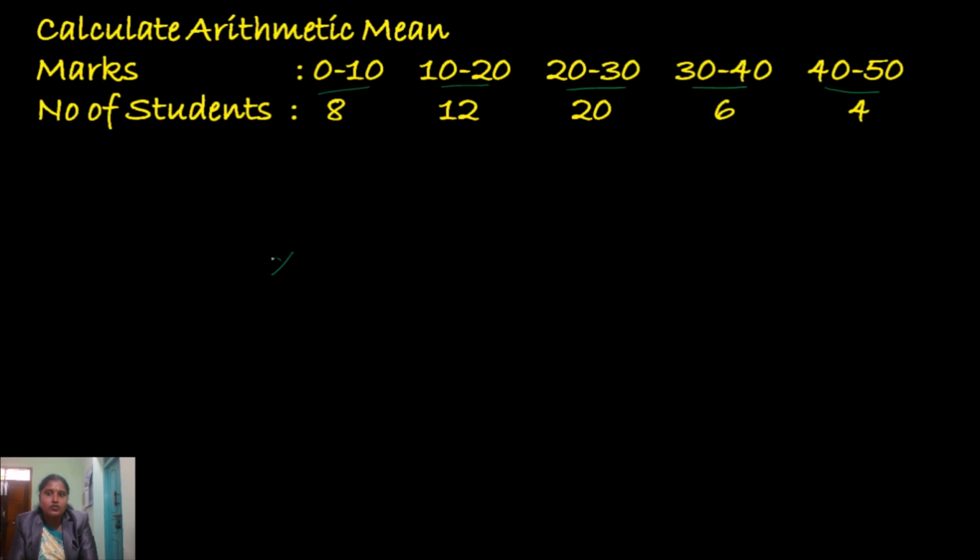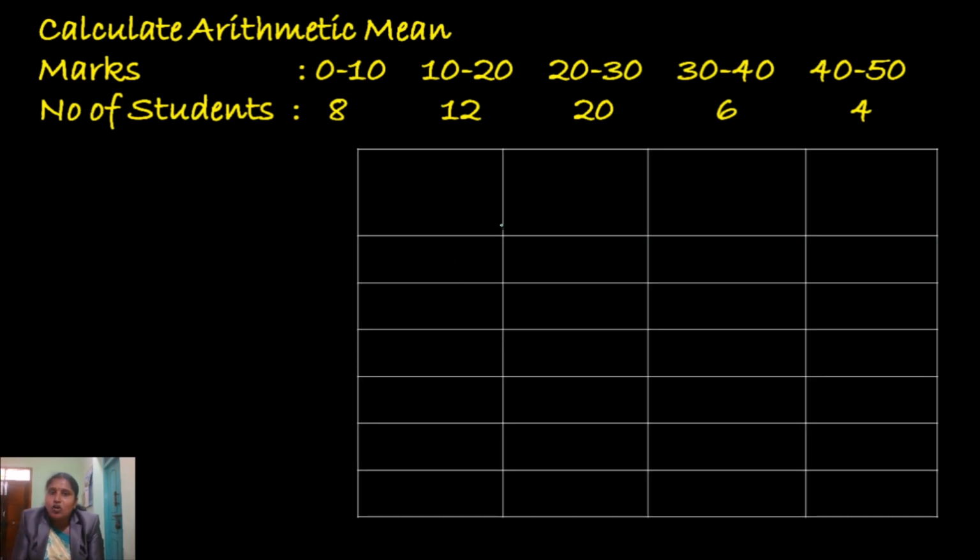The formula used to calculate the arithmetic mean for continuous series or grouped frequency distribution is x bar is equal to sigma fi mi over n. Here n represents the sum of the frequencies, that is sigma f, m represents the mid value of each class interval, and fi is the frequency of each class interval.